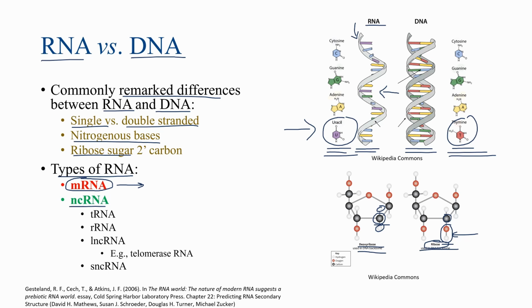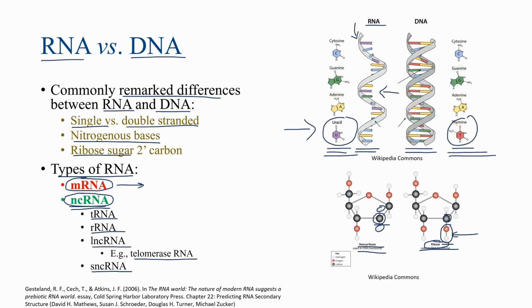By definition, non-coding RNA do not code for the proteins that we generate in our cells, and thus these RNAs do not code for any protein synthesis. And the types of non-coding RNAs include transfer RNAs, ribosomal RNAs, as well as long non-coding RNAs, such as the telomerase RNA, as well as short non-coding RNAs.